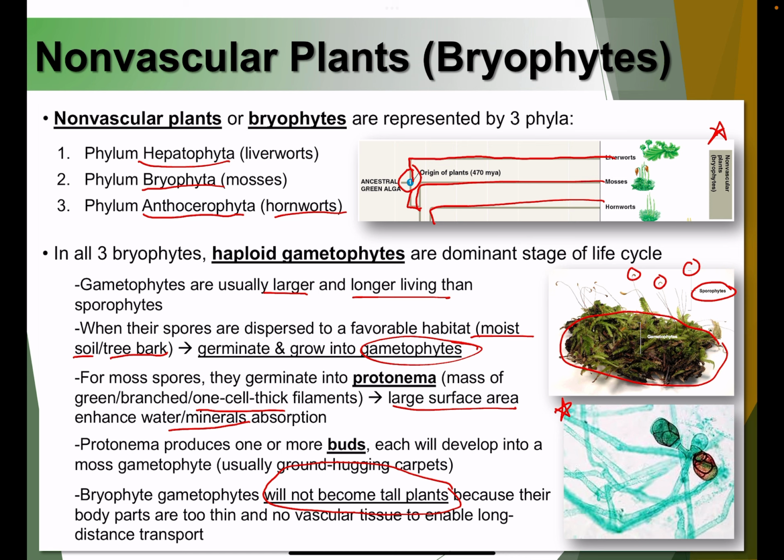Though some mosses did adapt to having conducting tissues in the center of their stems, so they can grow as tall as 2 feet, but still only 2 feet, because they are conducting tissues, not necessarily the vasculature that we have in vascular plants. And they say that these conducting tissues should have arisen independently from vascular plants by convergent evolution.